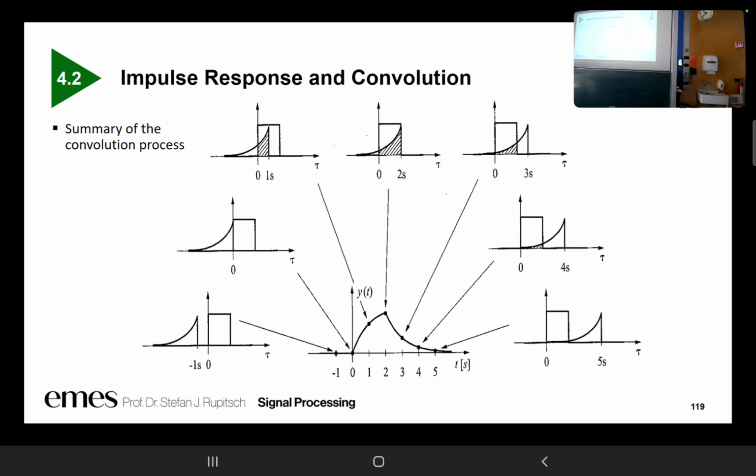Then here for 0, there is still no overlap. And then the overlap starts. The output signal is increasing due to this overlap until this point. And then it's decreasing again. It's a very nice slide to my mind to understand the magnitude of this convolution. Good.